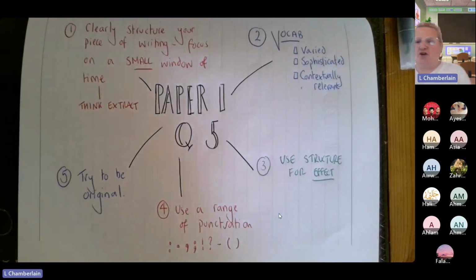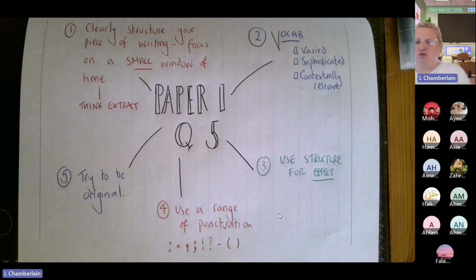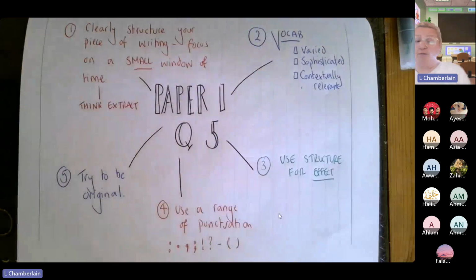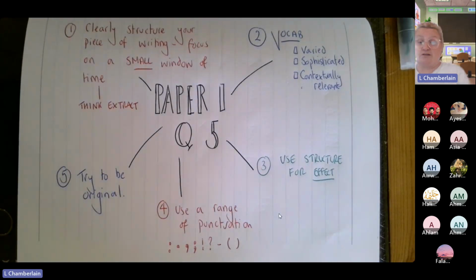Can you use parenthetic commas? Okay, use these to create that range of punctuation, because punctuation gets rewarded twice. It gets rewarded in accuracy of punctuation, plus it gets rewarded in effective sentences. Vocab is also something that's awarded twice. It's mentioned twice in the mark scheme.